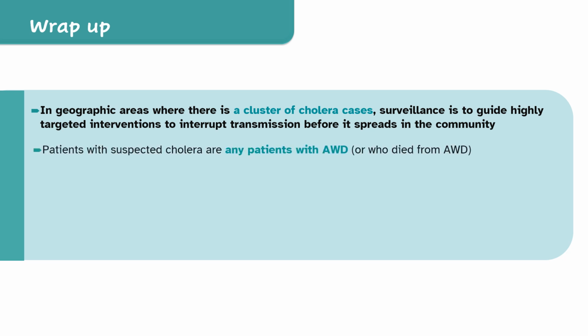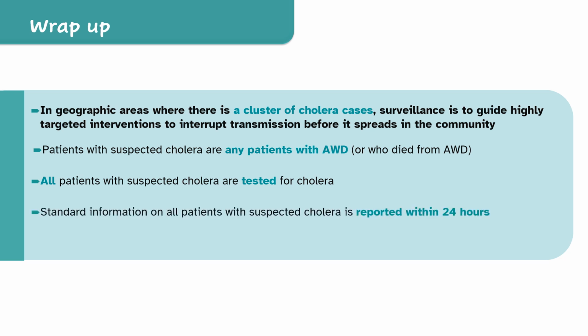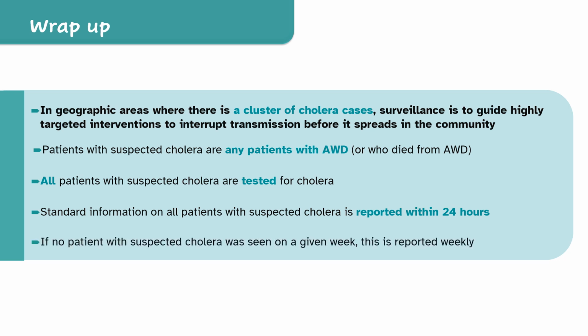When surveillance is implemented to track cholera clusters, all patients with acute watery diarrhea, AWD, are suspected cholera cases. All patients meeting the definition of a suspected cholera case are tested. In addition, standard information is collected on all patients with suspected cholera and reported within 24 hours. If no patient with suspected cholera was seen at a facility, this is reported weekly.